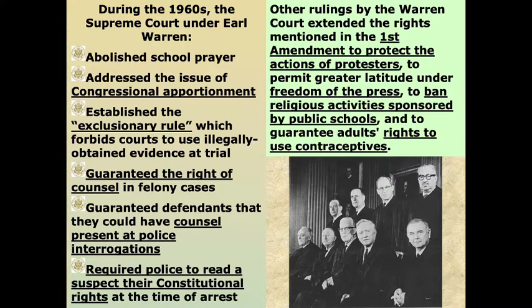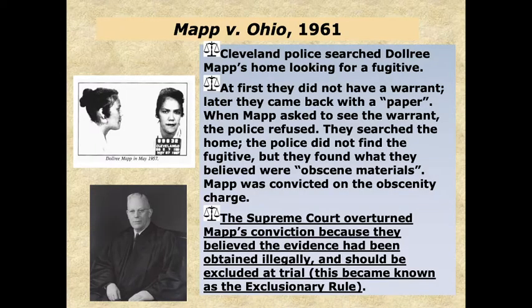So, first big case is Mapp versus Ohio. This is a very important case for the criminal justice system because this establishes the exclusionary rule. So what was going on is this lady right here, Dollree Mapp. The police in Cleveland were looking for a fugitive.